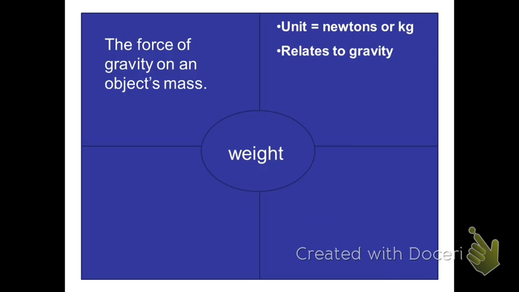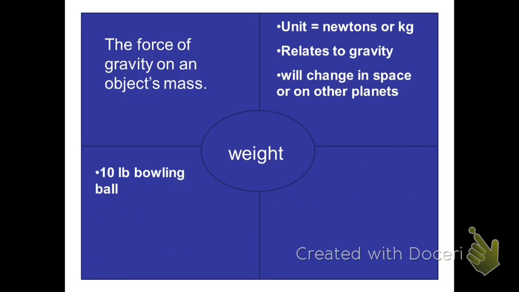Weight relates to gravity, whereas mass did not, which is why your weight will change in space or if you were on another planet. An example of weight might be a 10-pound bowling ball.